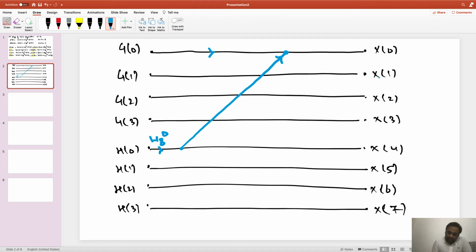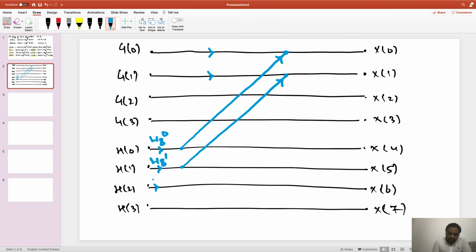Then X1 is this G1 coming, and H1 gets multiplied by the factor W8 to the power 1, and this goes and gets added here and we get X1.